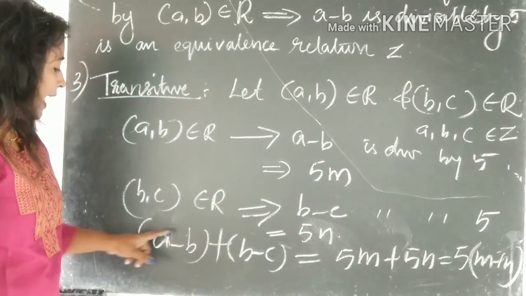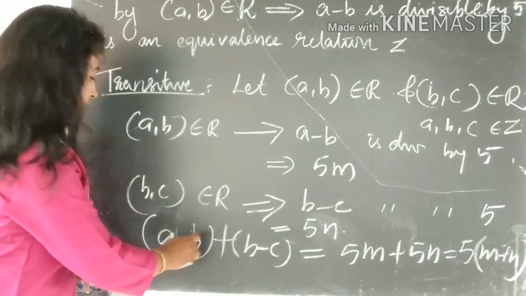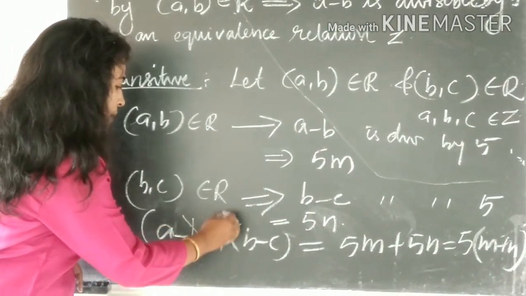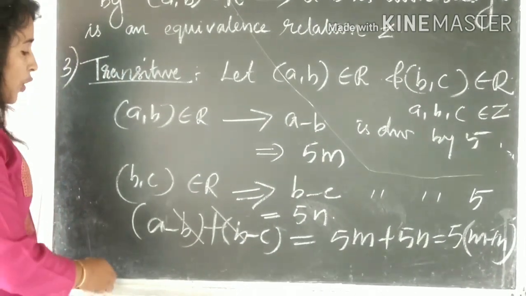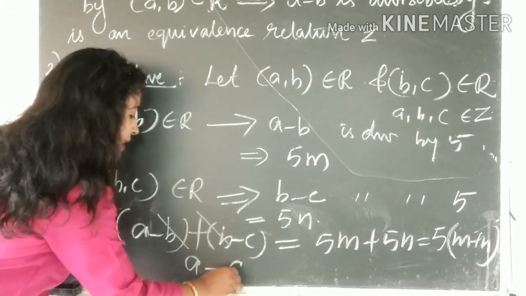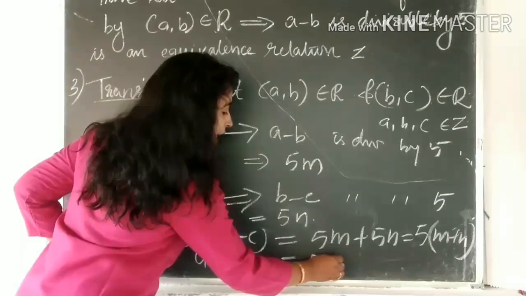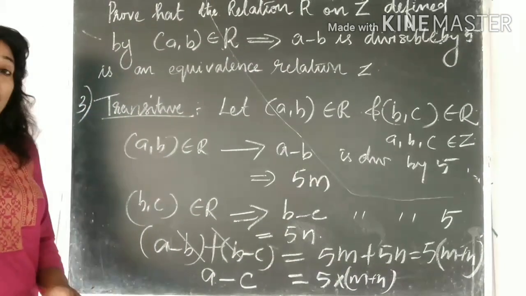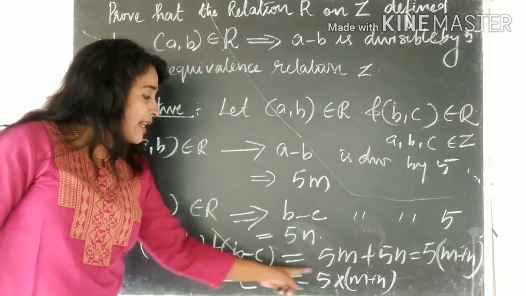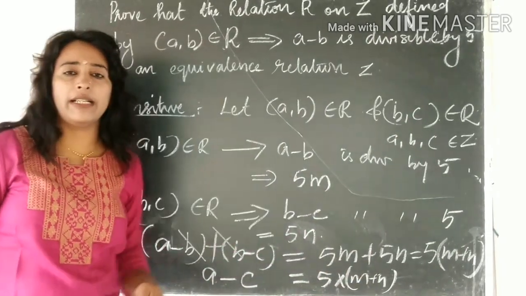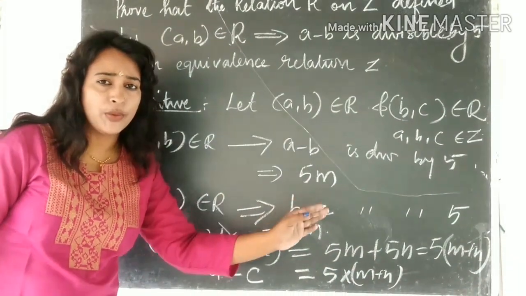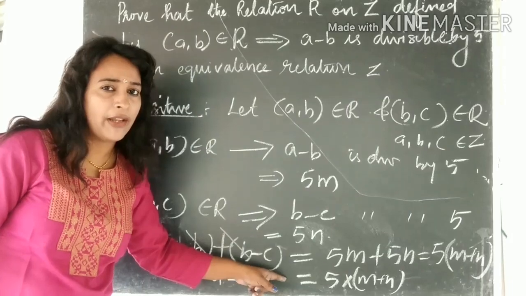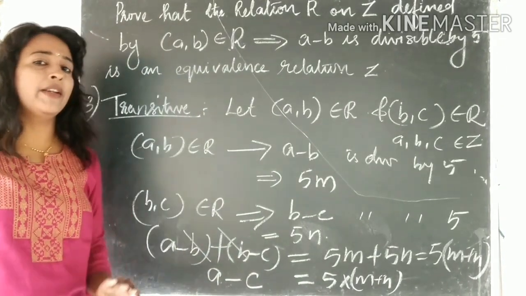So here A minus B and B minus C cancel. So you got A minus C is equal to 5 into m plus n. So what you got now? A minus C is equal to 5 into whatever it is. That means it's a multiple of 5. That means it's divisible by 5.